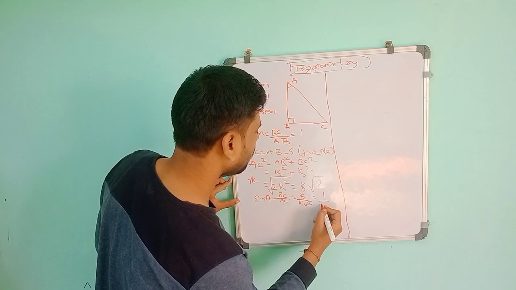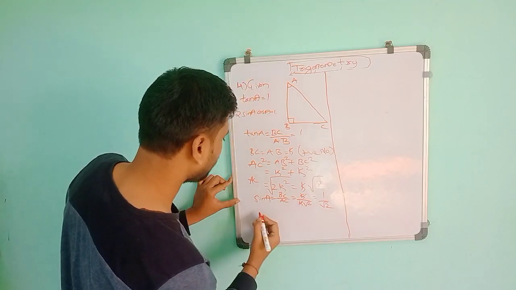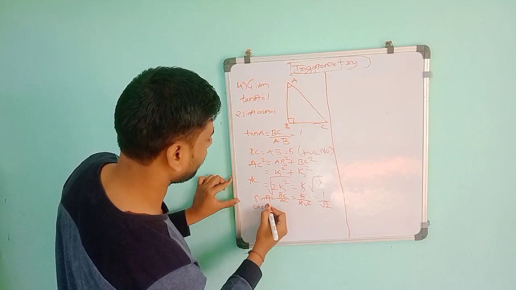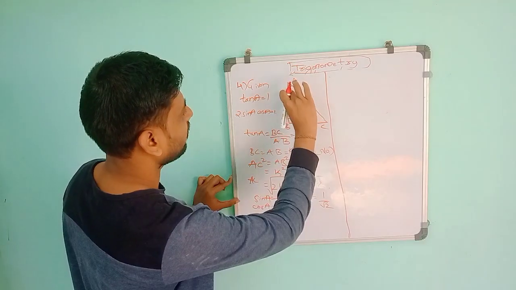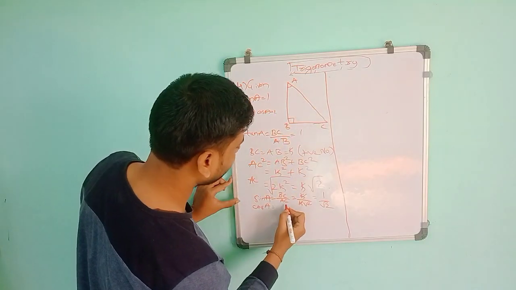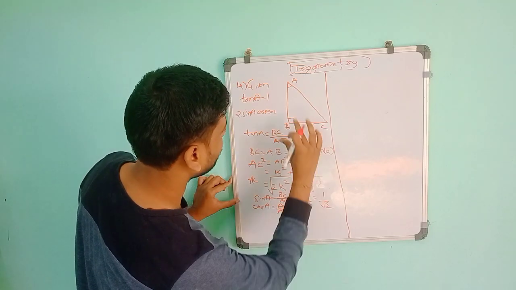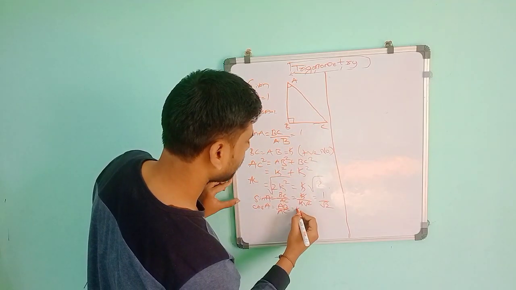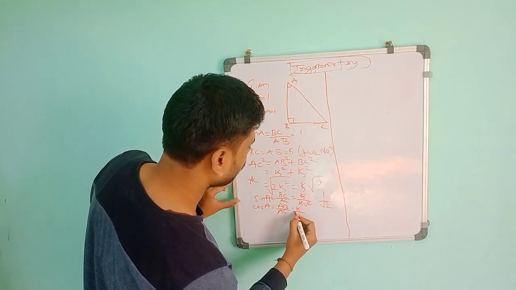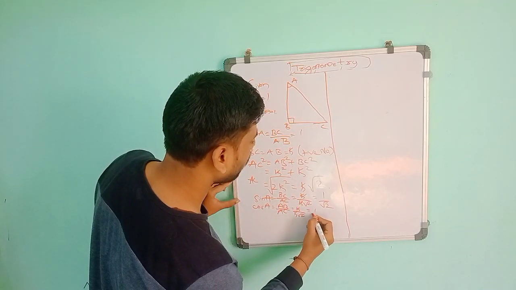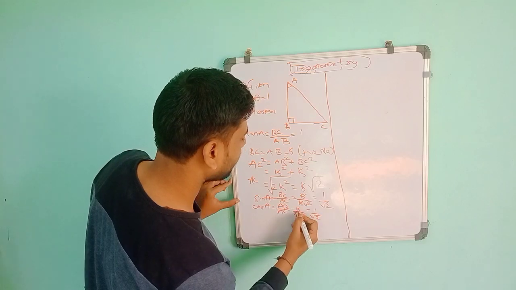So this will be 1 by root 2, because K and K cancel. Similarly cos A is equal to adjacent by hypotenuse. Adjacent is AB, hypotenuse is AC. So AB is K divided by AC, again K root 2. This is also 1 by root 2, because K and K cancel.